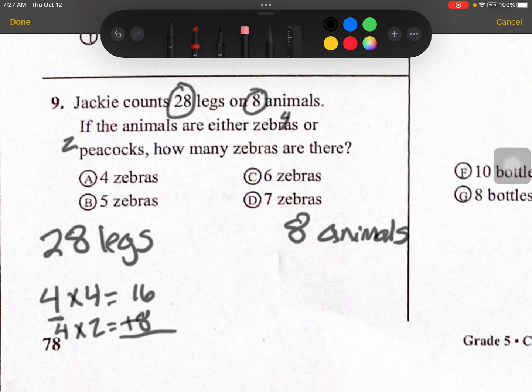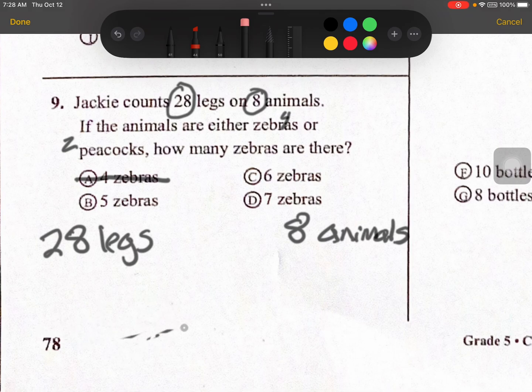That is 24, and that is way too many legs. So I know it is definitely not going to be A. Then you got to figure out your whole thing all over again. So take each number, plug it in, and figure out which one of these would equal 28 legs and 8 animals.